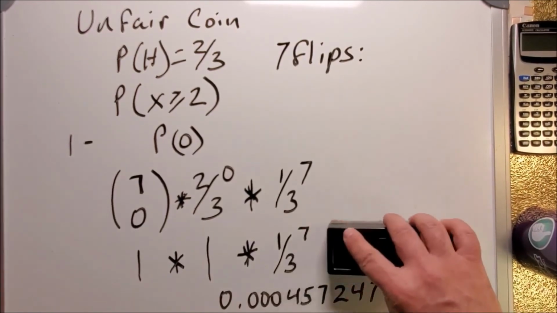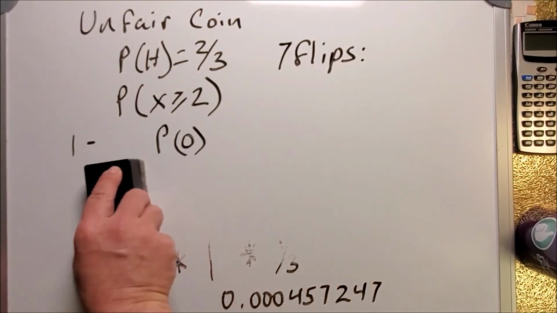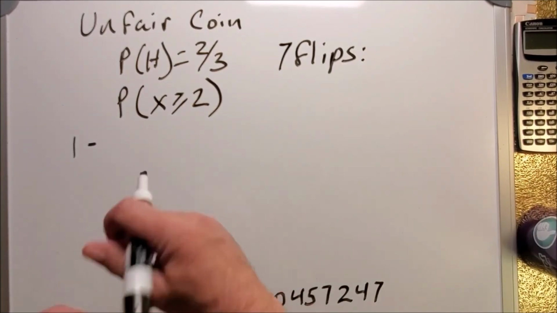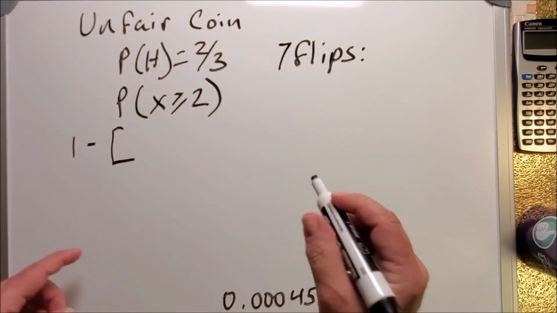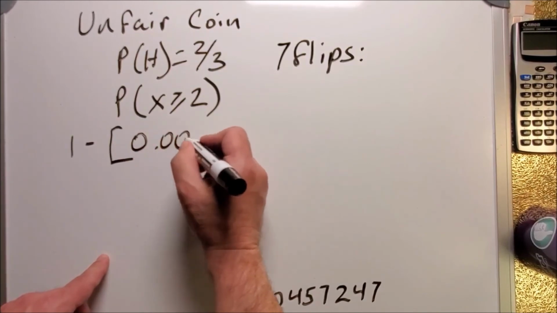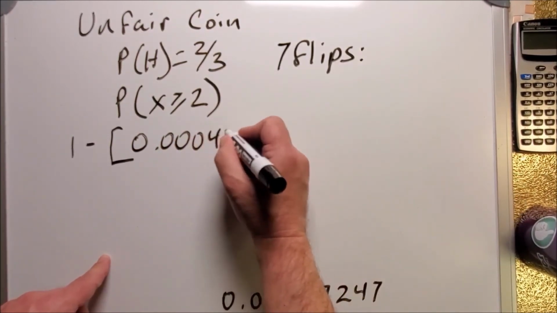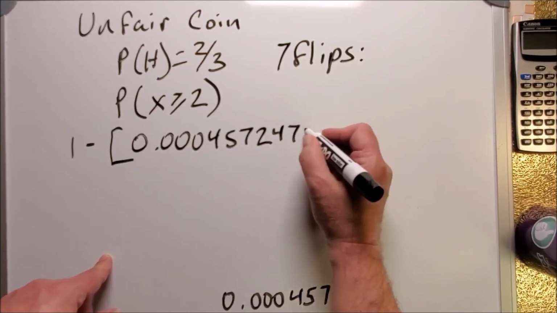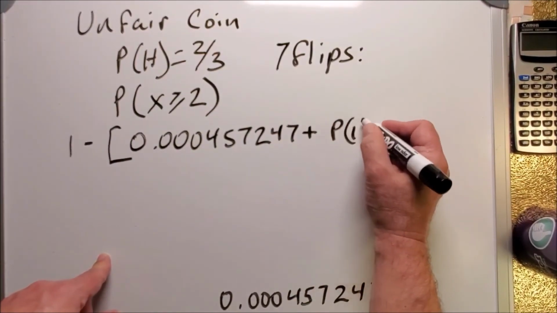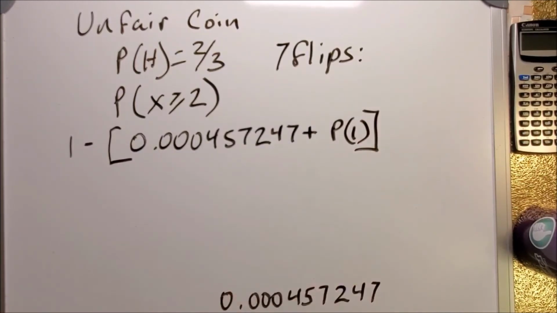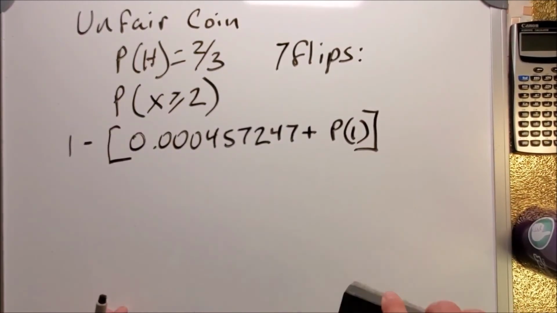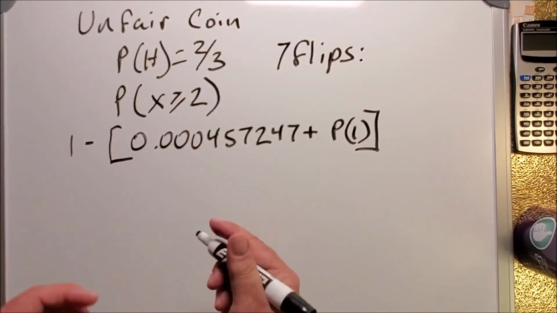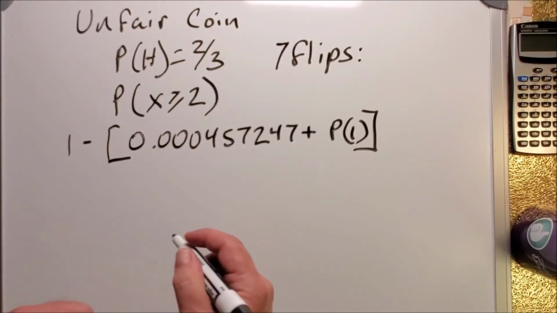Let me make some space. We're going to add that in. We're going to record that, 457247, and we're going to add that to the probability of 1 success. Let's figure out what that is. And I'm going to set it up. Remember that setup is the big thing with this, so you've got to make sure you set it up correctly.